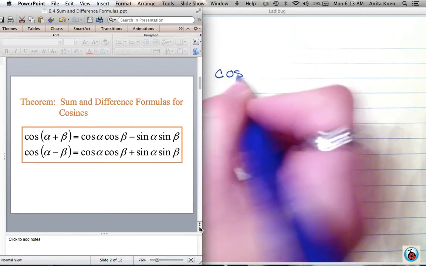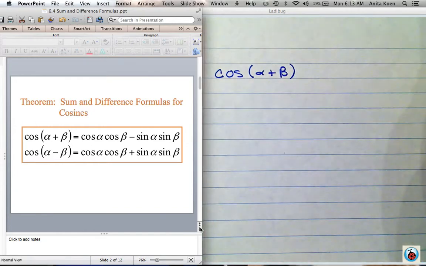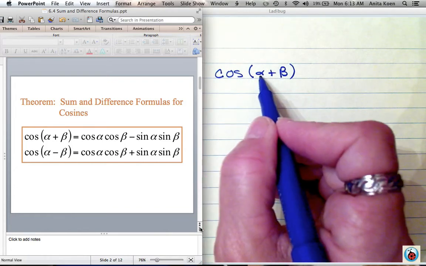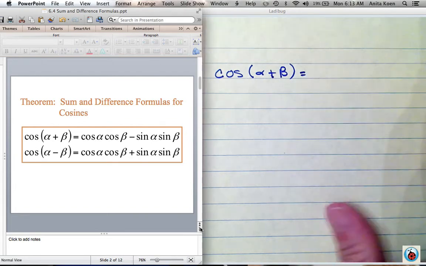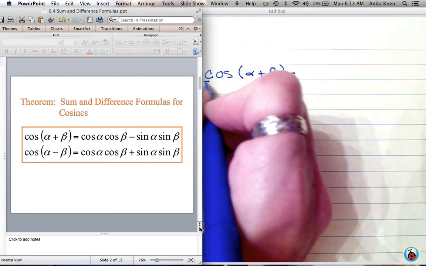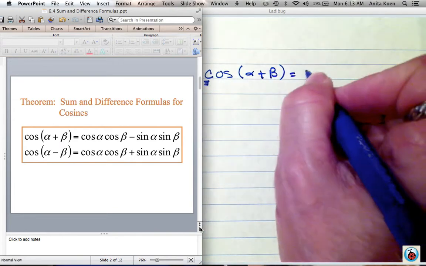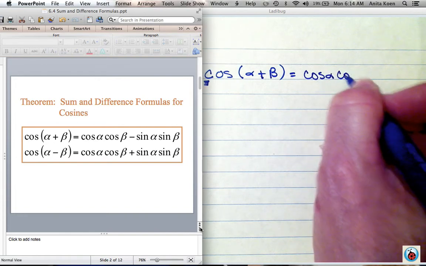We've got the cosine of alpha plus beta. This is why they're called the sum and difference formulas, because we're looking at the cosine of the sum of two angles. And the formula for the cosine of the sum of two angles: C stands for cosine, so we're going to do the cosine of alpha times the cosine of beta.